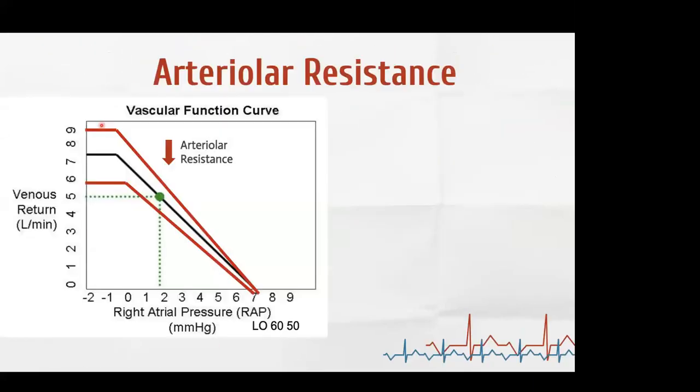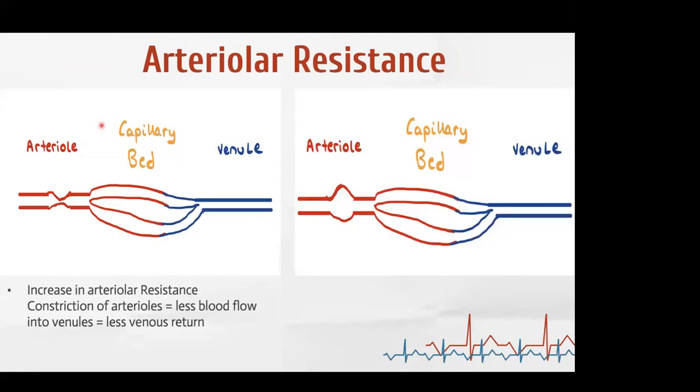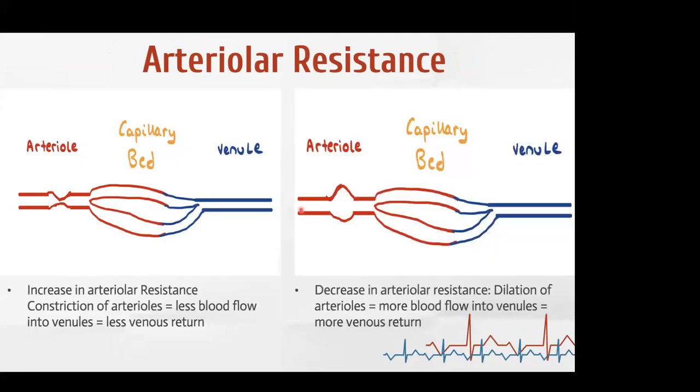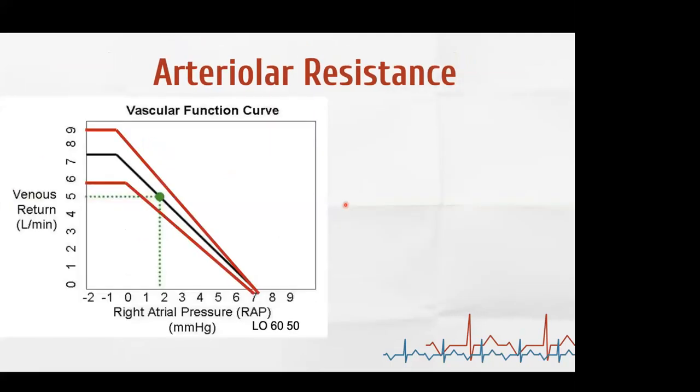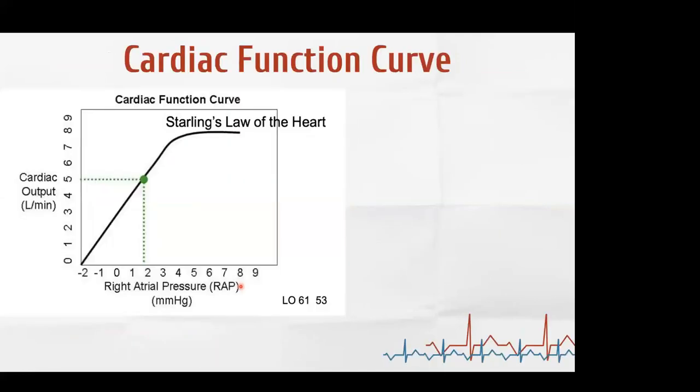Okay. Can we go to the next slide? Okay. So here the one that's lower than the normal means that we decrease the resistance. Oh, it's increased. Okay. No, it's okay.